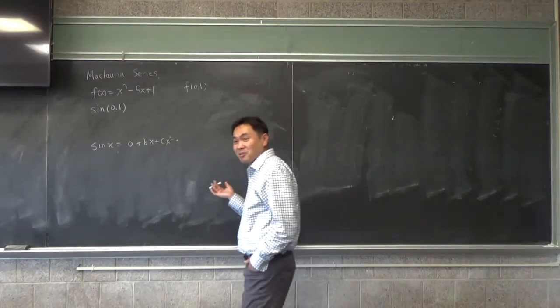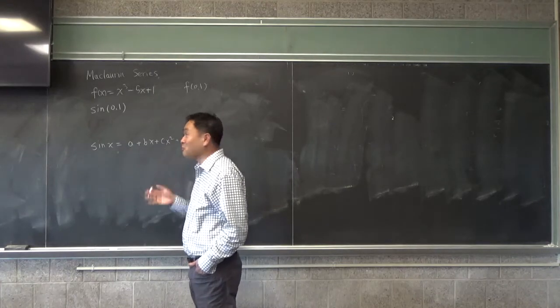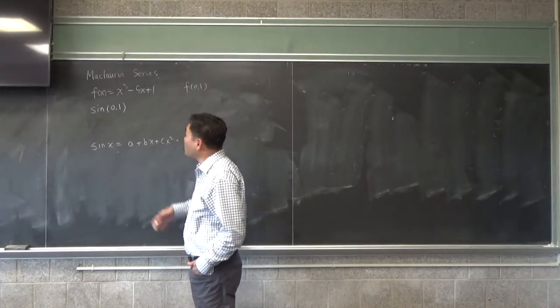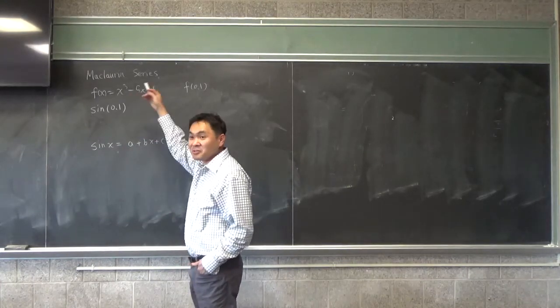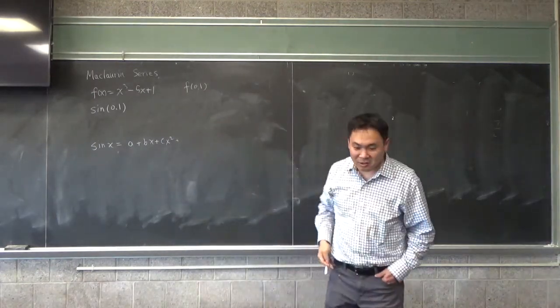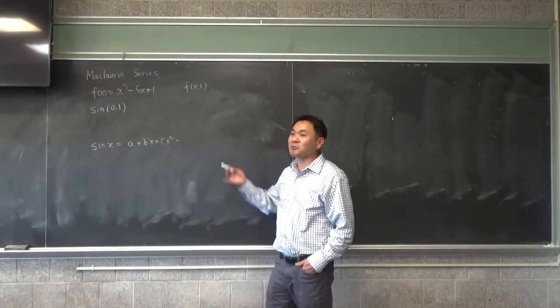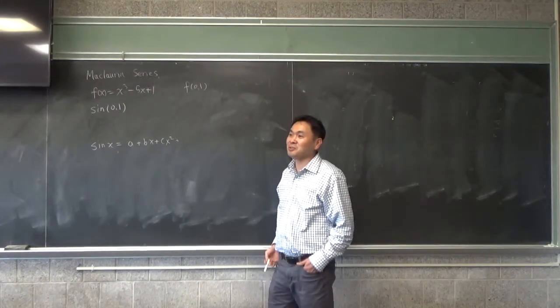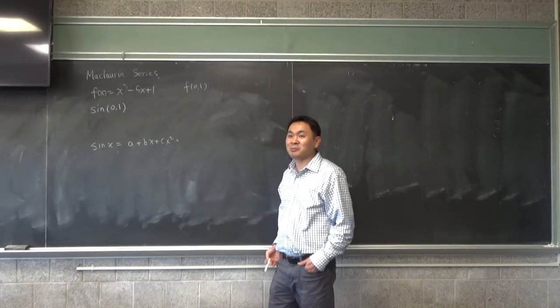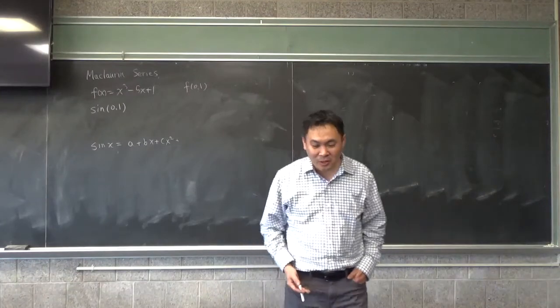Many people thought about this, and in fact, they succeeded somewhat. Among those people are MacLaurin and Taylor. Those are the famous people because they used calculus. But I searched up Wikipedia, and it says even before them, there was some Indian mathematician who was able to figure that out.